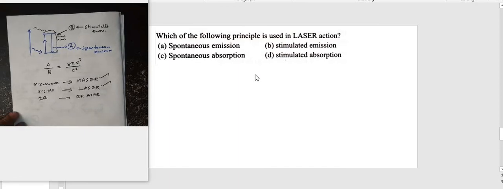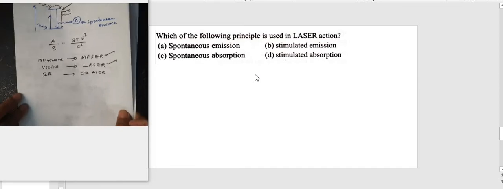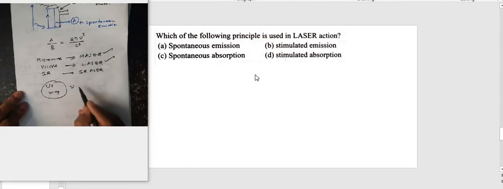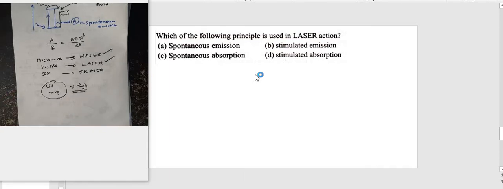It is not possible to amplify UV or X-ray signals by this technique, because their frequencies are very high. Since they have high frequency, it is not possible to amplify the signals of UV and X-ray by the stimulated emission method, as per Einstein's semi-classical theory.